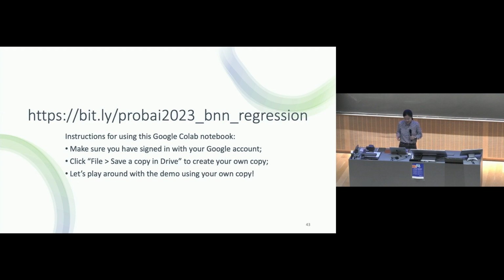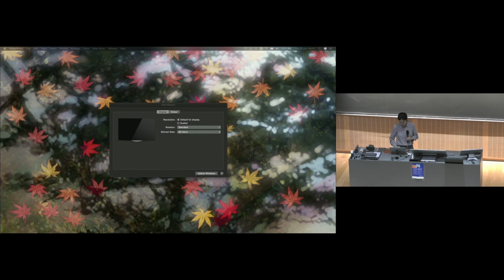There is a Google Colab notebook with some blocks that contain parts you need to fill in. In order to do that, you probably want to save a copy on your side and start filling in there.